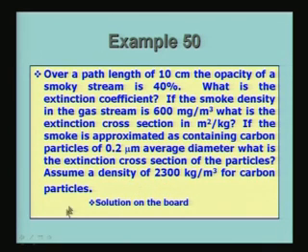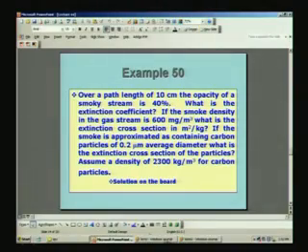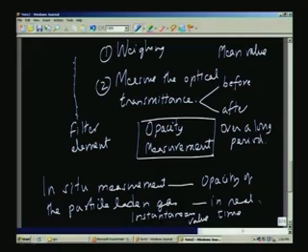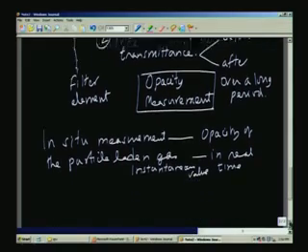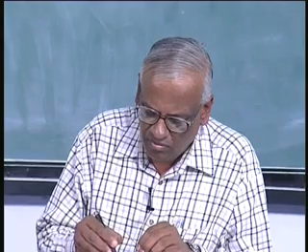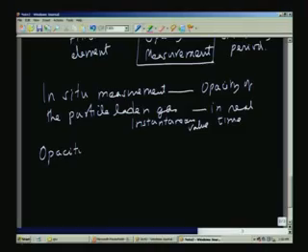Before we take up that problem, let me just describe some of the issues in that. Before we do that, let us find out how we define the opacity, the new terminology.